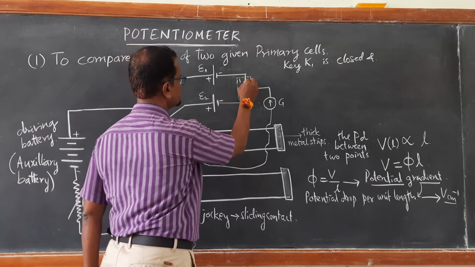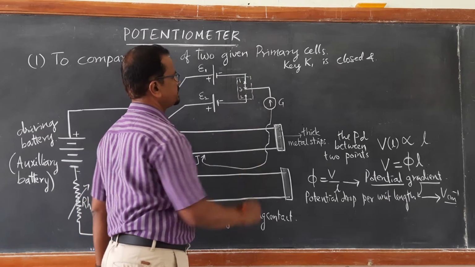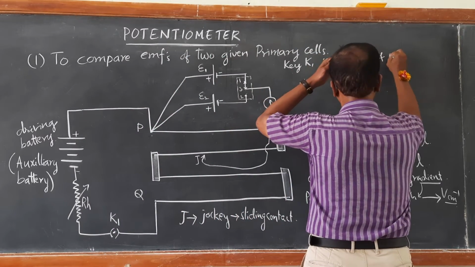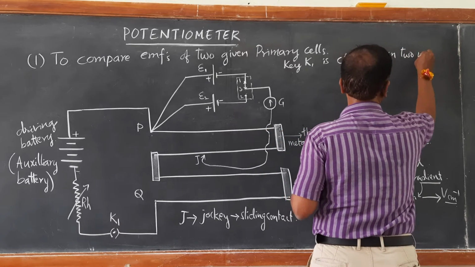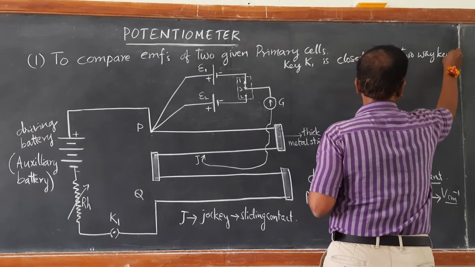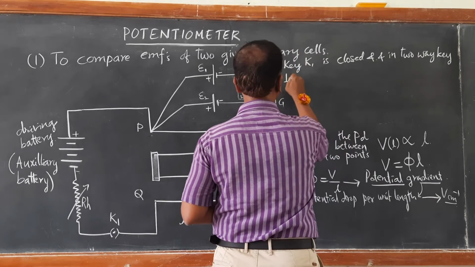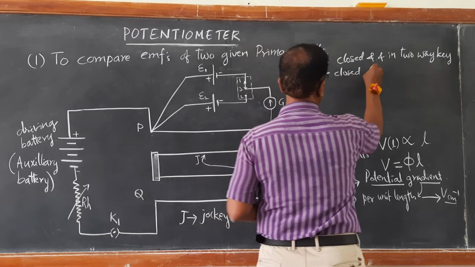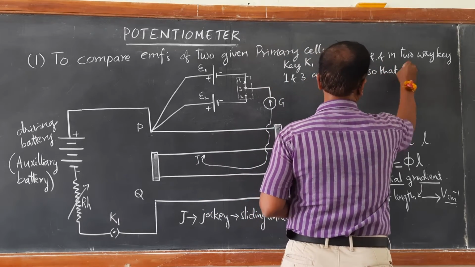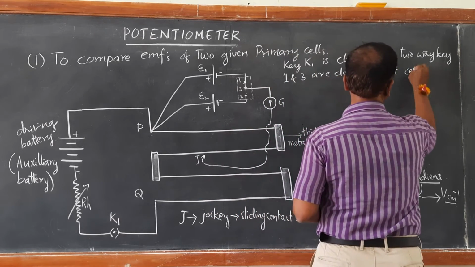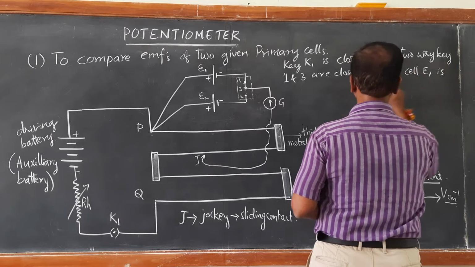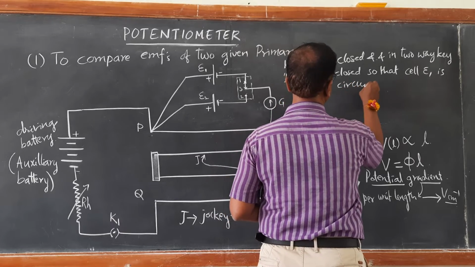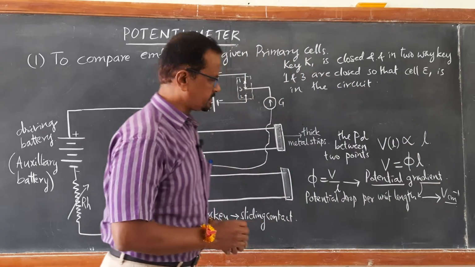In the two-way key, first the gap between 1 and 3 is closed, so that cell E1 is in the circuit.